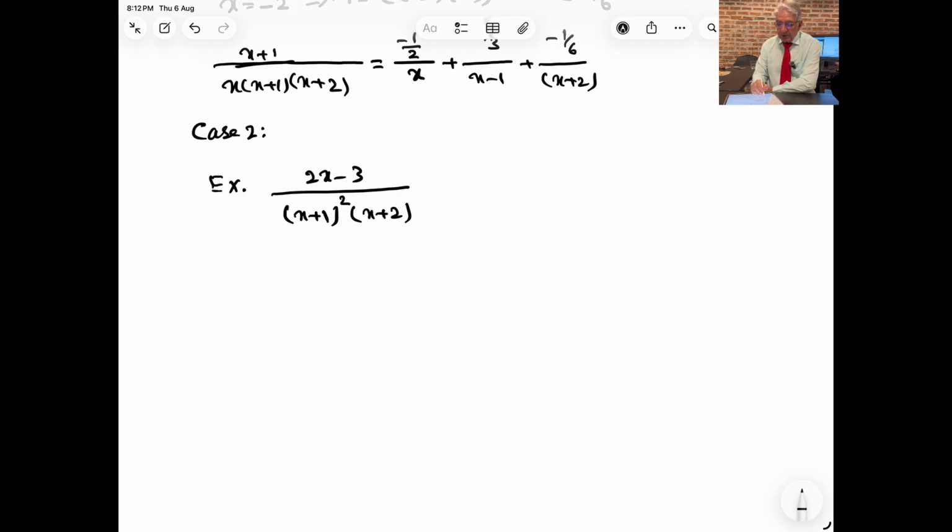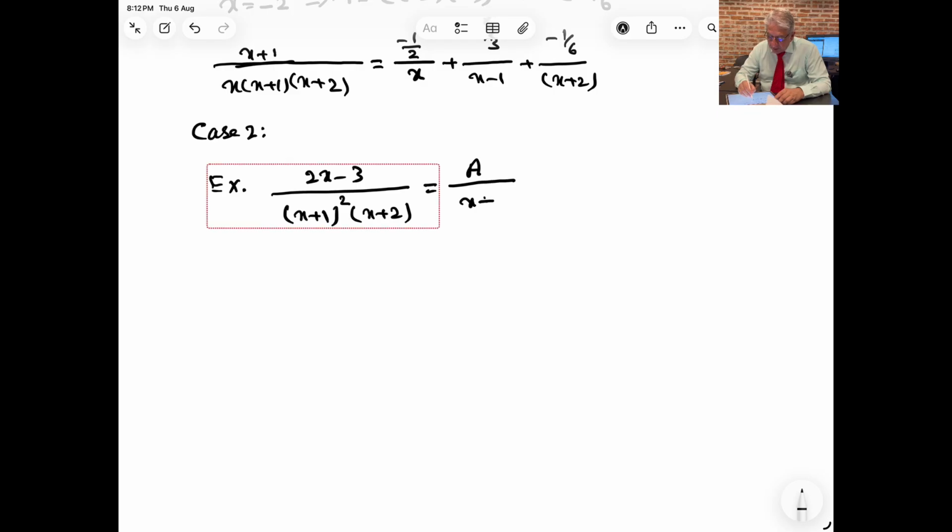When I'm writing the partial fraction, the most common situation is in the form of a number a divided by (x plus 1), plus a number b divided by (x plus 1) square, and a number c divided by (x plus 2).